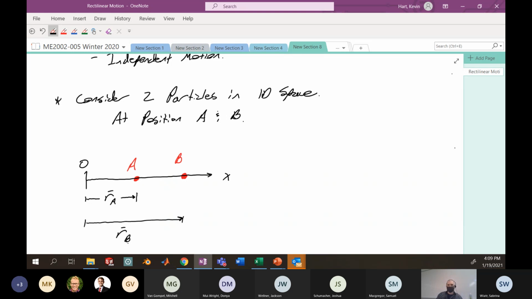What we're interested in is if these things are moving independently, can we come up with some relationships between their velocities and accelerations that might help us learn something about their motion?